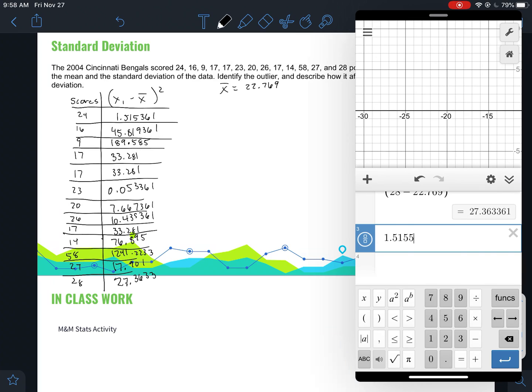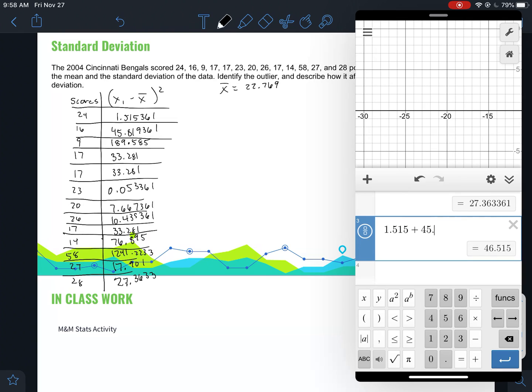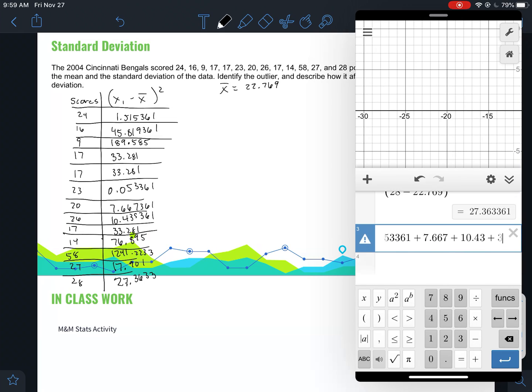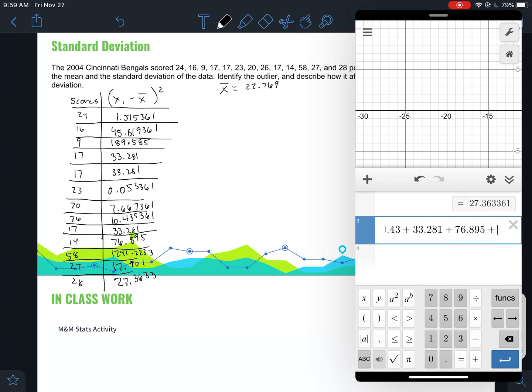So 1.515 plus 45.819 plus 189.585 plus 33.281, plus 33.281 plus 0.053361 plus 7.667 plus 10.43 plus 33.281 plus 76.895.